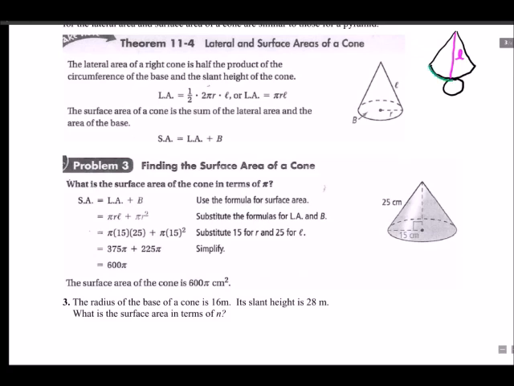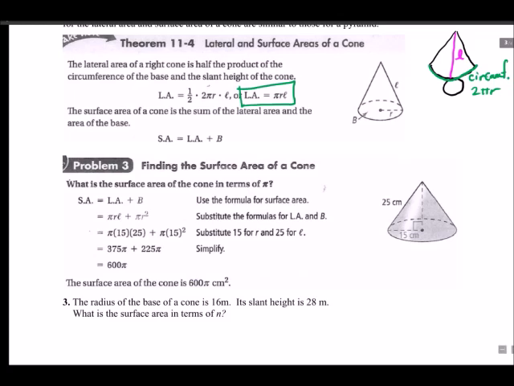But what is this? This is just the circumference. So we do 1/2 base times height. What's the base? The circumference. What is circumference? 2 pi r times the slant height. If we do 1/2 times 2 pi rl, our 1/2 and our 2 cancel, so lateral area is pi rl.